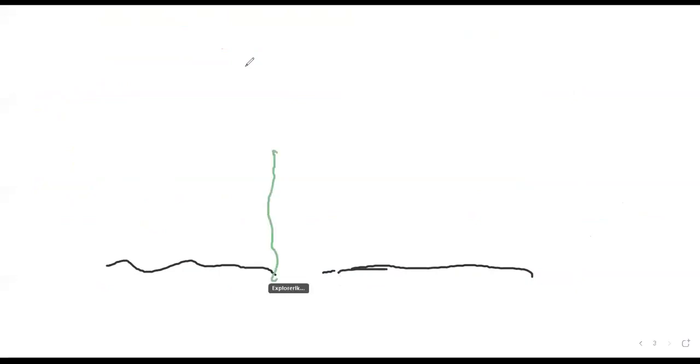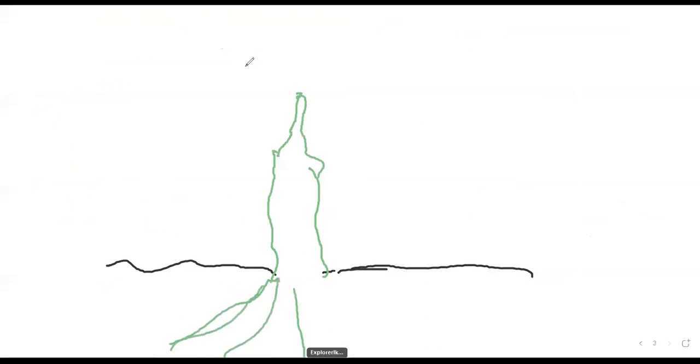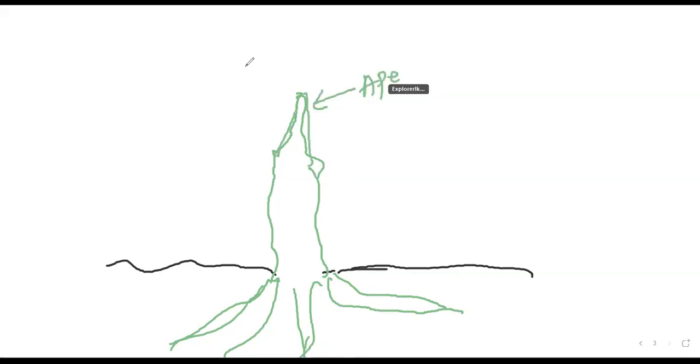The stem is here, and this is the top end of the plant. And the roots are also there. So this is the apex of the plant. I would name it as A, then I would name here as B, and then I would name here as C.